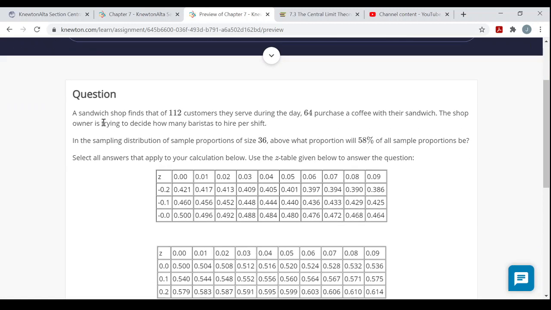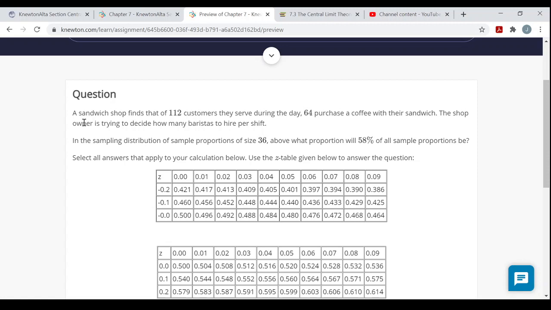All right, so here a sandwich shop finds that of the 112 customers they serve during the day, 64 purchase a coffee with their sandwich. So I'm going to guess here that purchasing a coffee with a sandwich is a success.